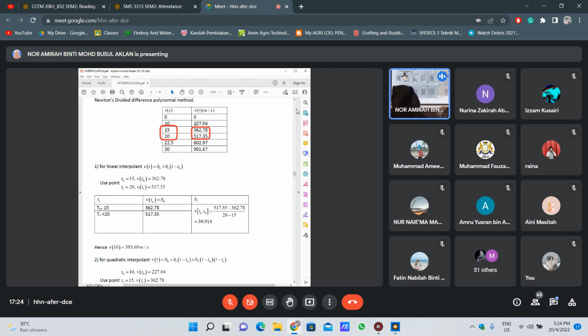Kelajuan dia daripada 227 jadi 362, 517. So of course, kalau untuk T16, mestilah value velocity tu more than 362 but less than 517, betul tak? So when you got the value of 393, so it's possible. So betul lah 393 is velocity ni within, which is before 517 lah.